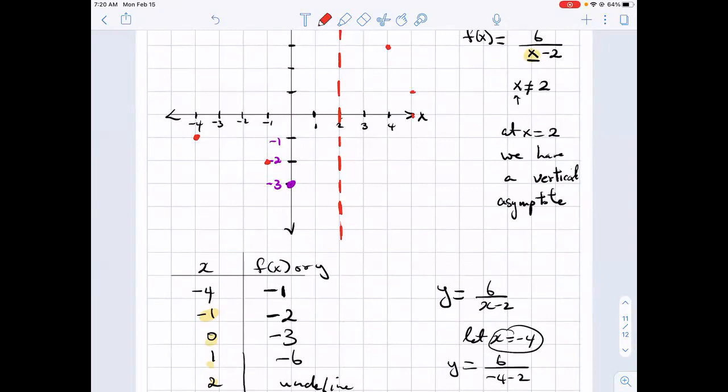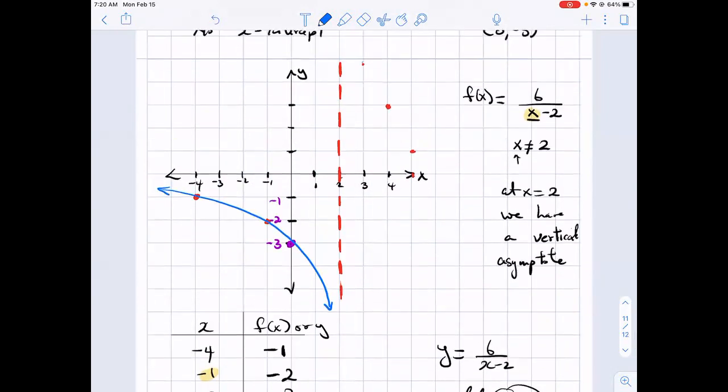And if you do this, you will see that you will have a nice picture. This is our intercept. If we connect the dots, you will have some nice looking curve here, and also a curve going this way, passing through those points, obviously.